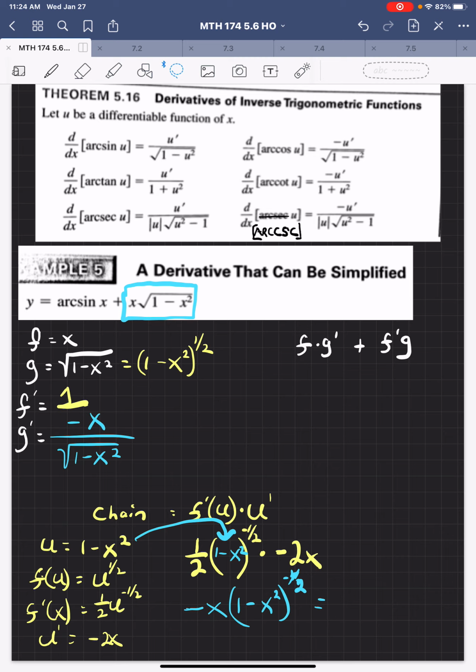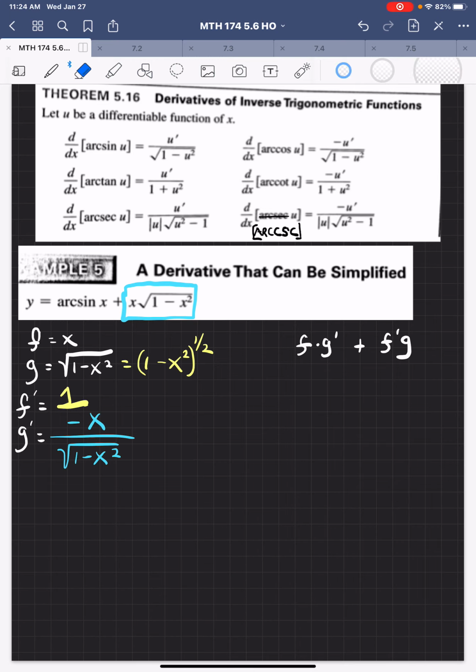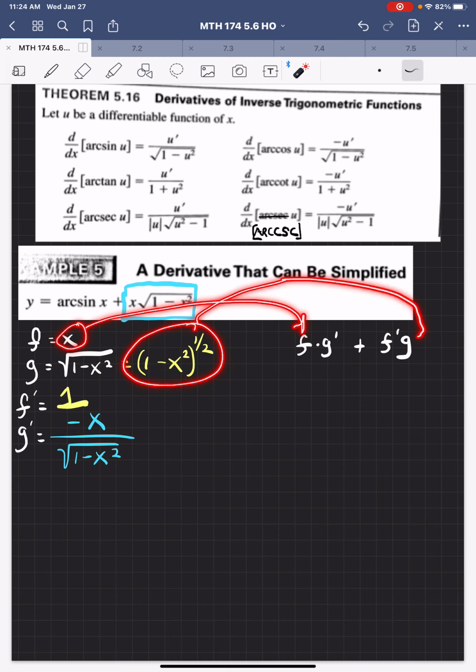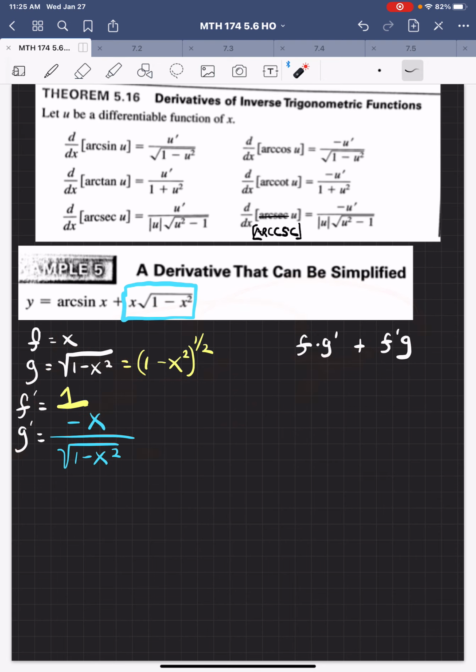Okay, so I'm going to erase the stuff on the bottom, and let's go ahead and put everything in the right spot. At this point, I'm plugging in for f and g and f prime, and g prime, right? I'm just putting everything in the right spots. I'm not going to do that little bit of algebra, but I think you got it, right?